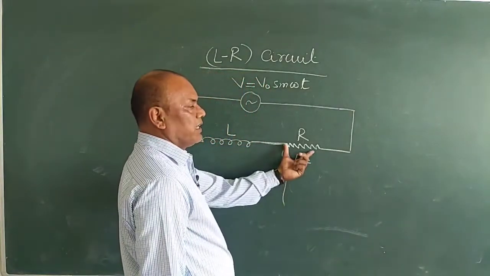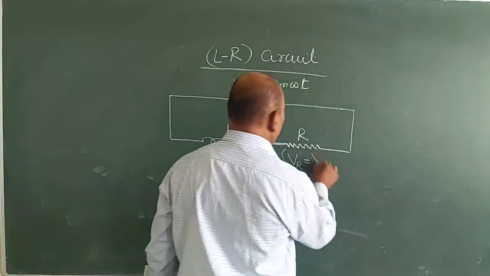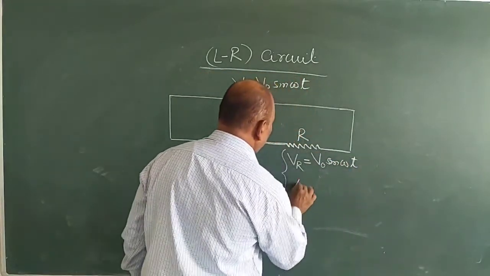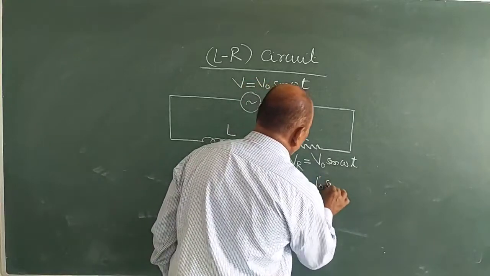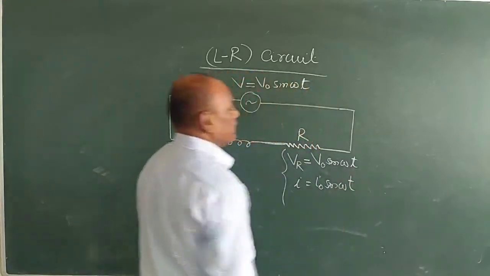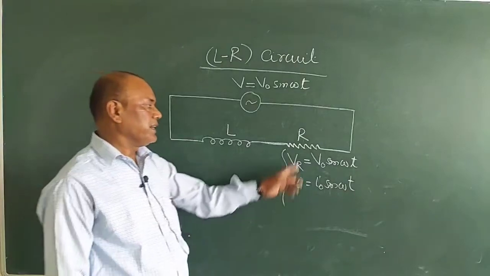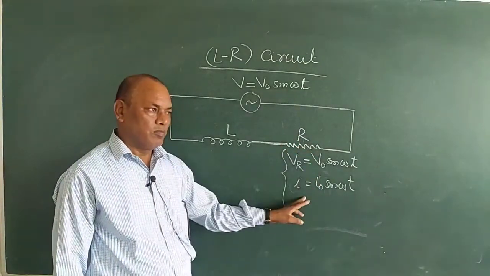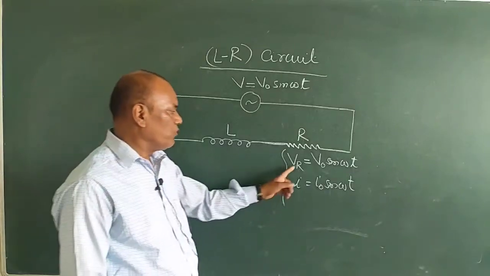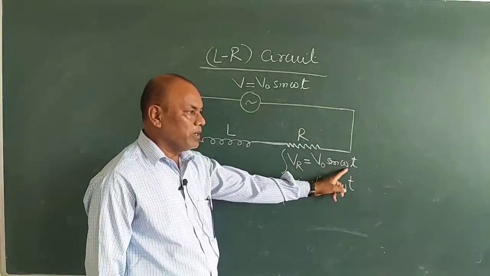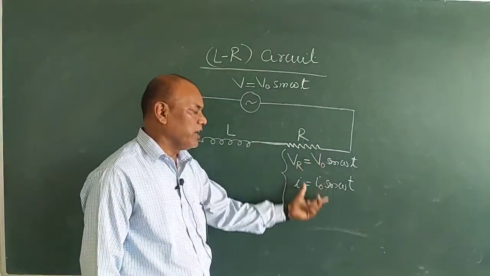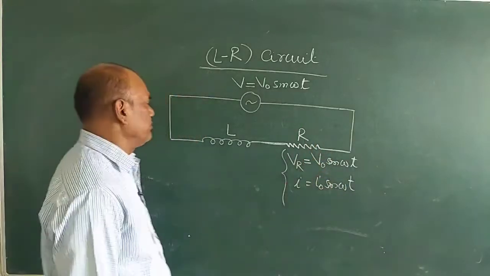Voltage developed across the resistance will be V0 sin omega t and current I0 sin omega t, because we know that in the case of resistance there is no phase change between current and voltage. So here VR is equal to V0 sin omega t and I is equal to I0 sin omega t. Both will follow this type of equation.